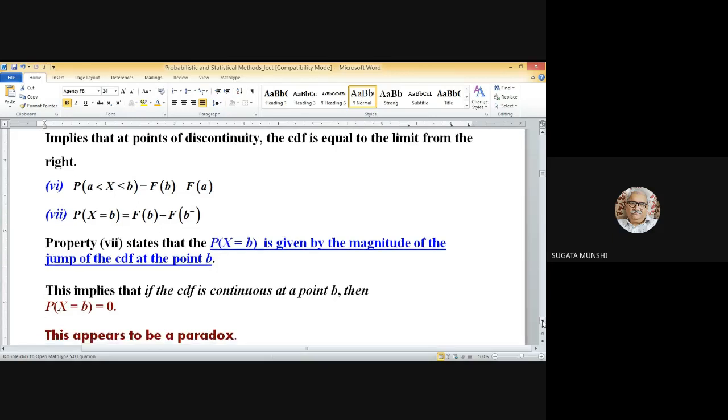So as I have stated, this particular statement appears to be a paradox. I will try to interpret. Only interpretation is possible. I try to do that and then stop today.